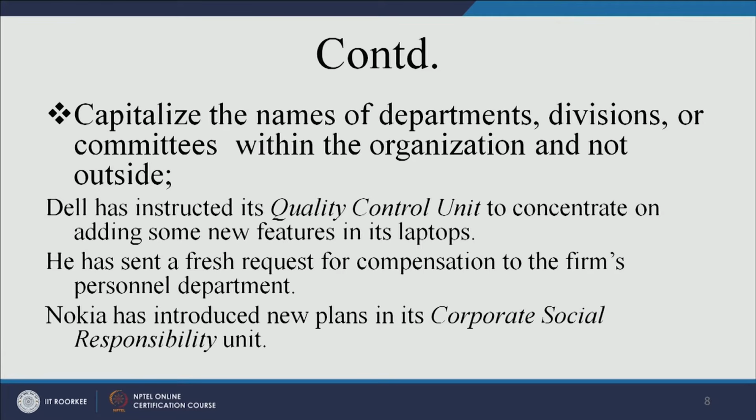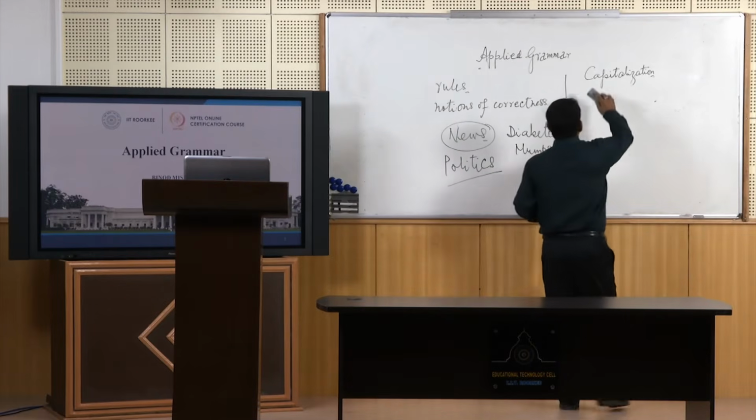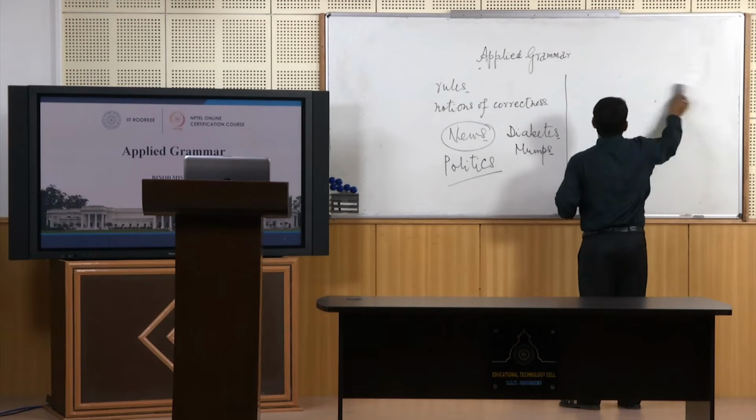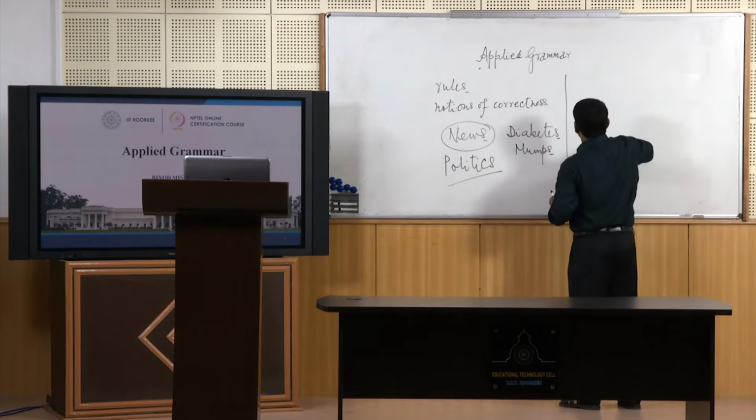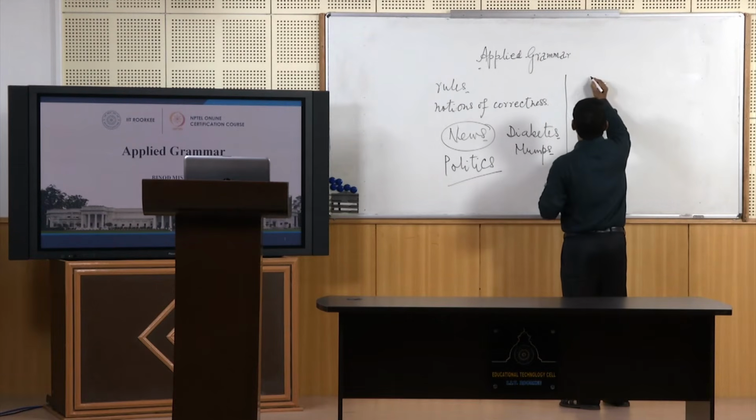I have put it very willingly just in order to test your knowledge. See the last sentence: Nokia has introduced new plans in its Corporate Social Responsibility Unit. That is a smaller part of a bigger institution, which is why it has been capitalized.